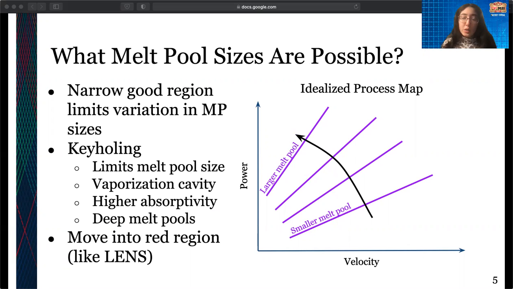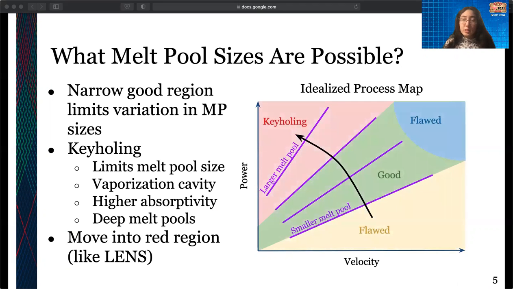You can plot, in addition, on the process map, areas of good process parameters and flawed process parameters, flawed as in resulting in porosity in the build part. You can see that there's only a very narrow good region here, and that's going to limit how much variation you can get for this process in melt pool sizes.